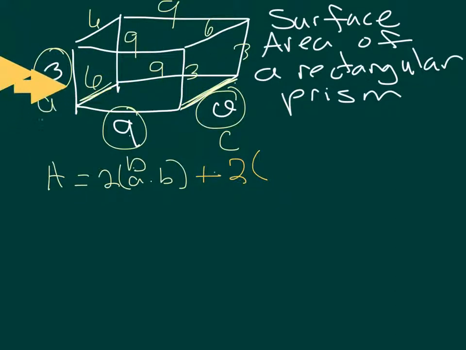And I can see that my width of this is 3 and 6. 3 is represented by A, 6 is represented by C. So my formula for this one would be A times C. And now I've got those 2 sides. How many sides do I have? I have 2 and 4.